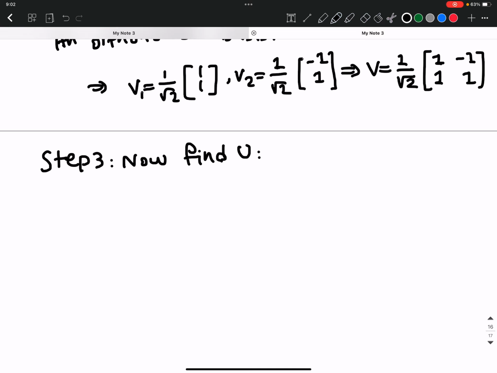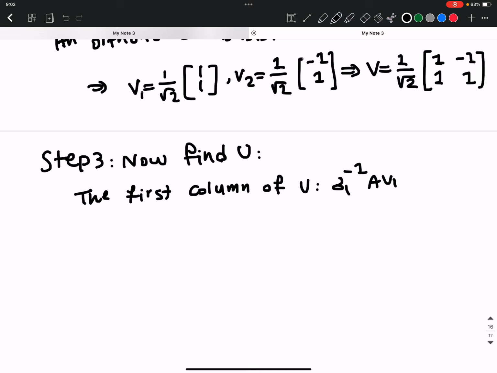Let's first find the first column of U, and then the second column, and then we will find out the whole thing. So the first column of U is going to be sigma 1 to the minus 1 times AV1. And why is that?